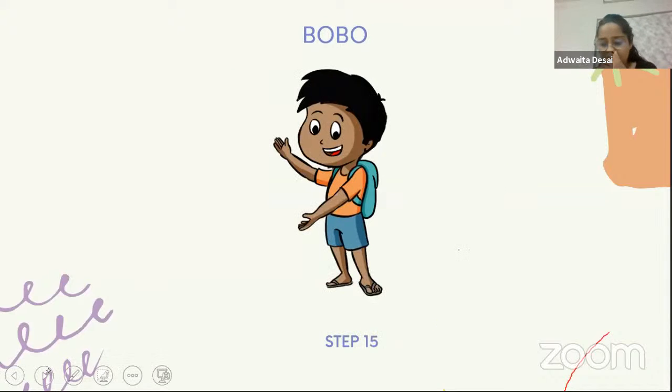The final Bobo will look like this. Gappu to the left, Bobo to the right. Once you are done, can I get some thumbs up? Gautami, Akanksha are done. Thank you very much.